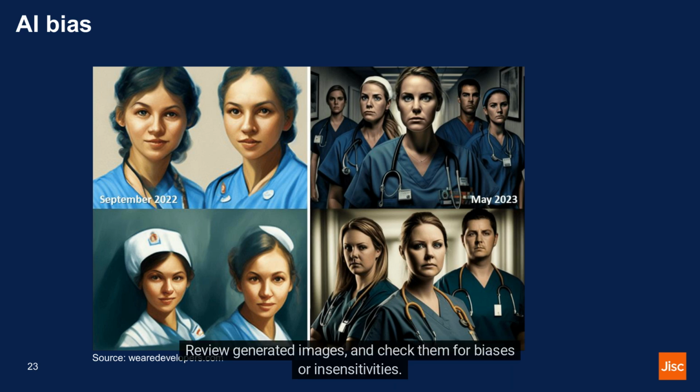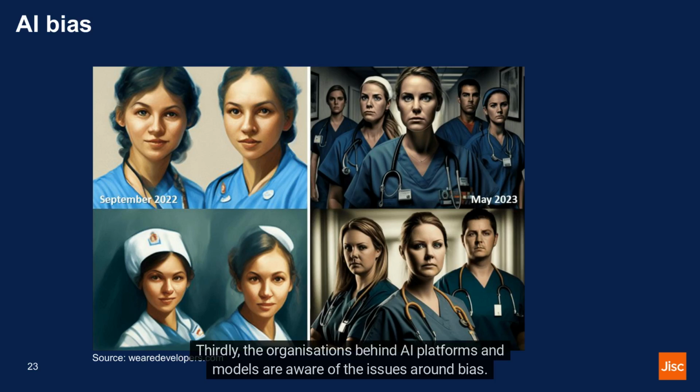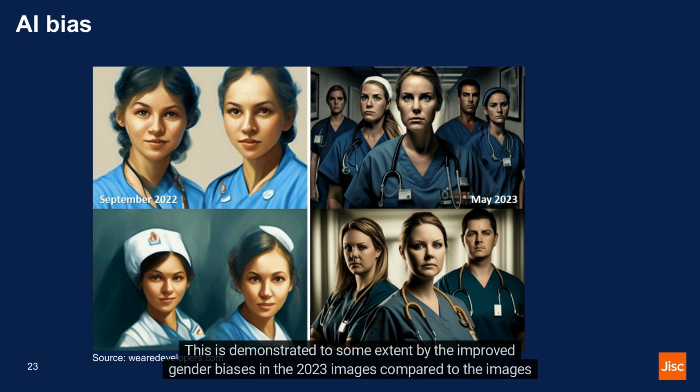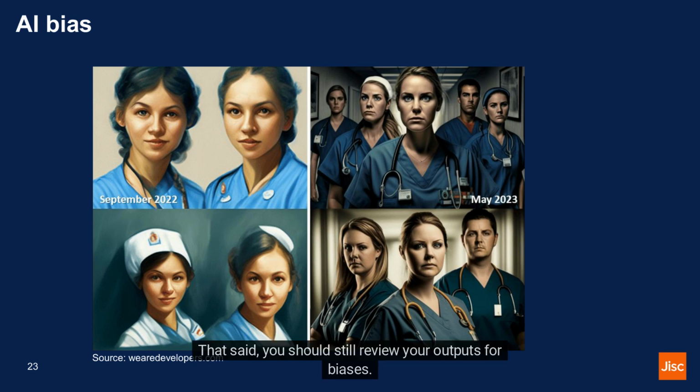Review generated images and check them for biases or insensitivities. Thirdly, the organizations behind AI platforms and models are aware of the issues around bias, and there are indications that things are improving. This is demonstrated to some extent by the improved gender biases in the 2023 images compared to the images from 2022. That said, you should still review your outputs for biases.